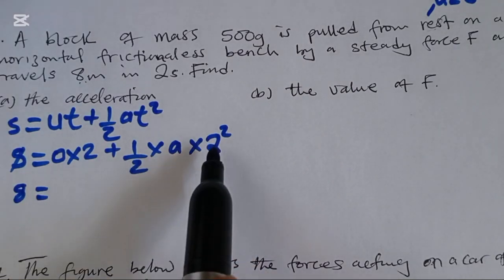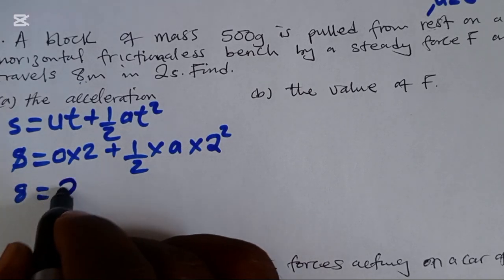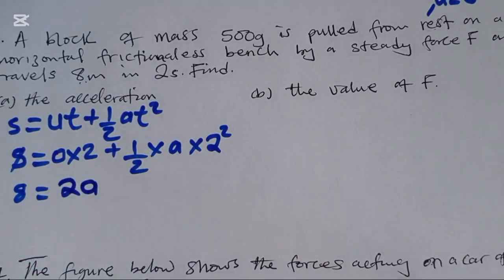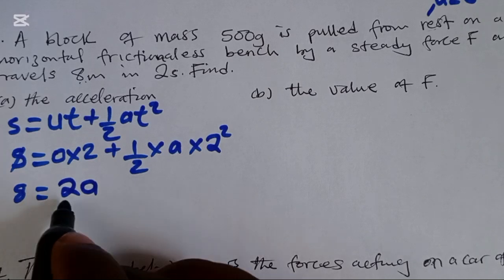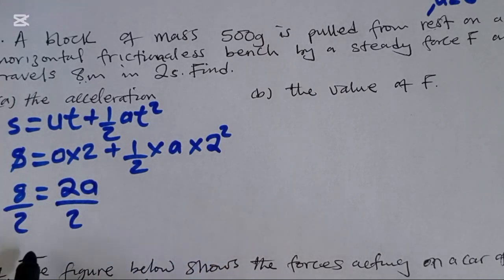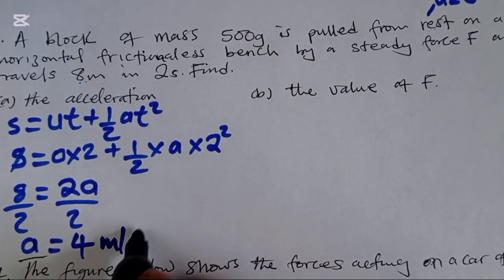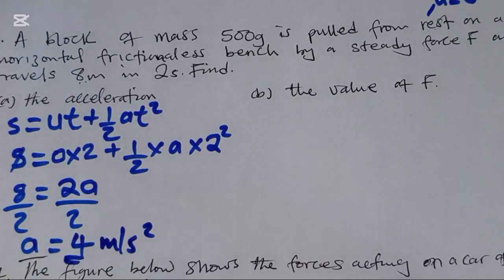So the half of 4, that is 2. So I have 2a over 2. So acceleration is equal to 2 into 8, that is 4. So we have 4 meters per second squared, that is acceleration.